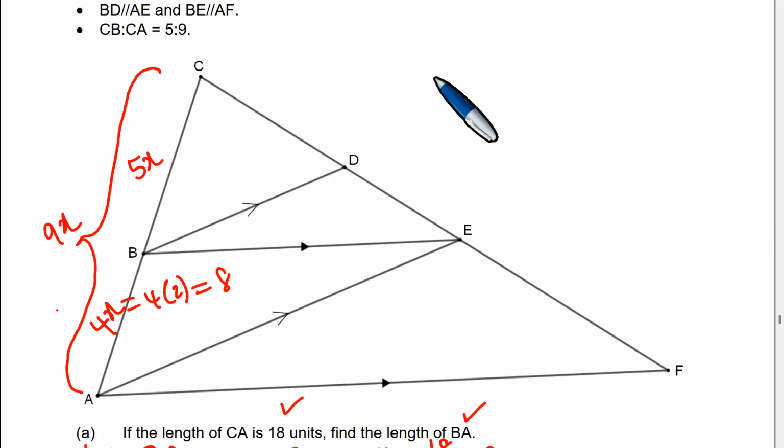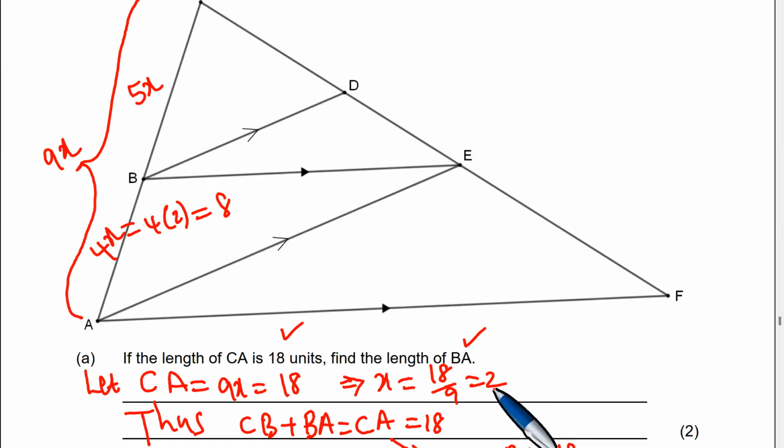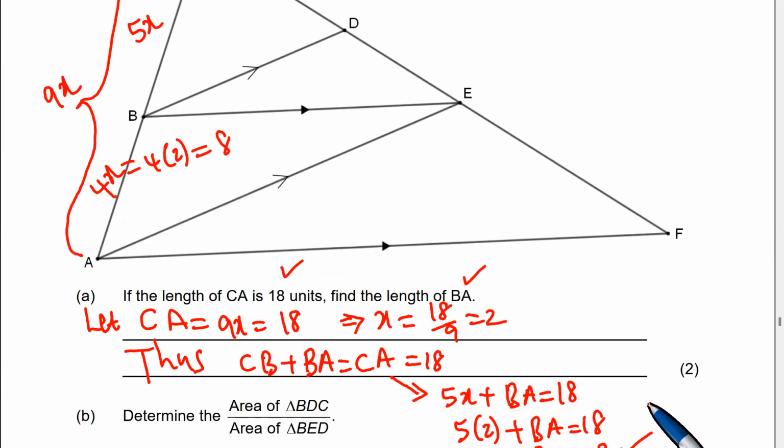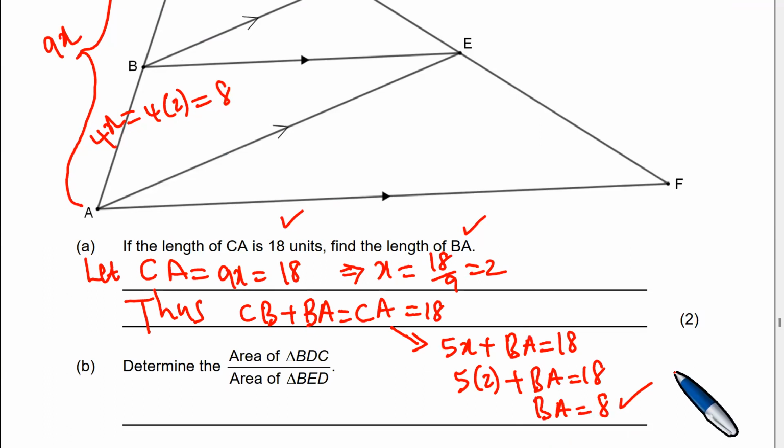BA is 4x, but x is 2, so BA is 4 times 2, which is 8. There are a couple of ways to do that. But in the exam, 4x alone would give you 1 mark, and then substitution would make the 4x equal to 8.